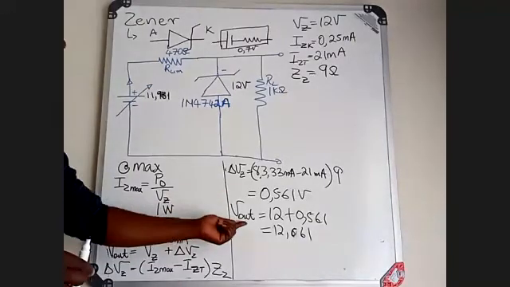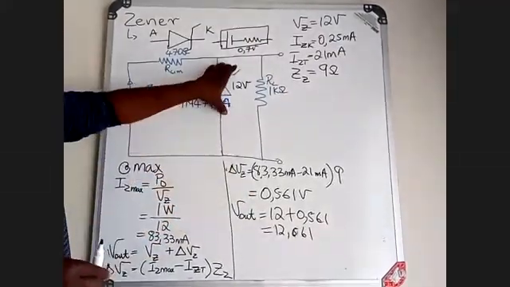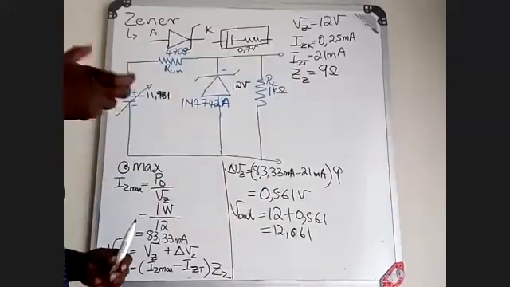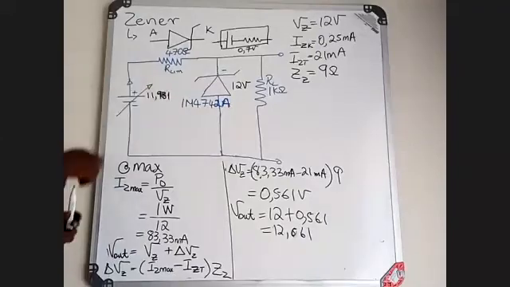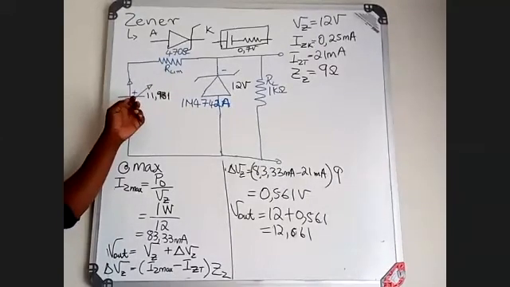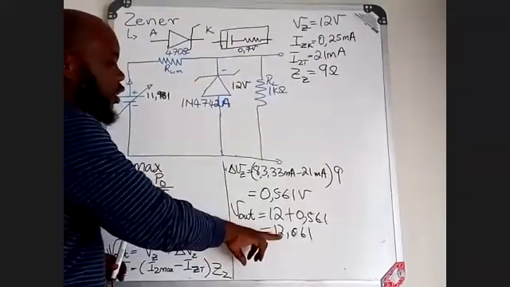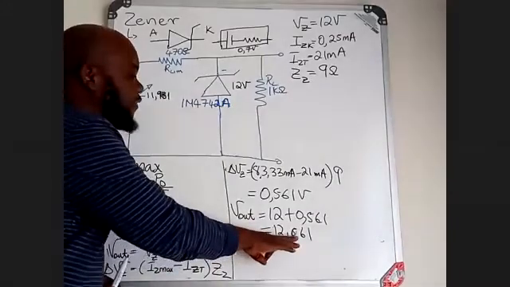Then my V out will be given by the 12 volts that the Zener needs to give out, plus that small tolerance that exists because we are varying this input here so that we can get this voltage here. Then that will be your 12.561 volts.